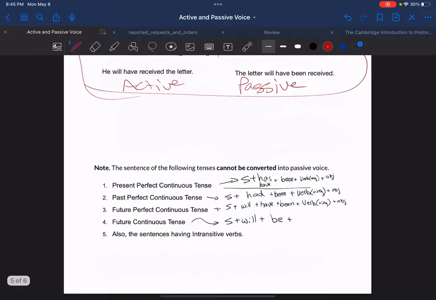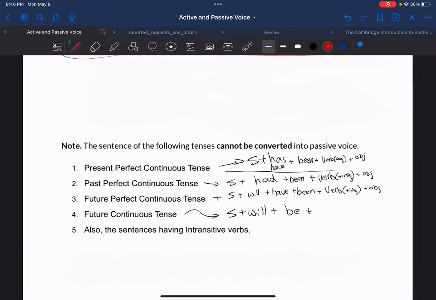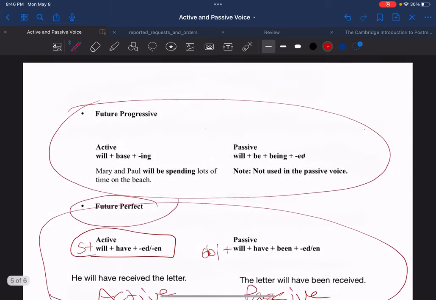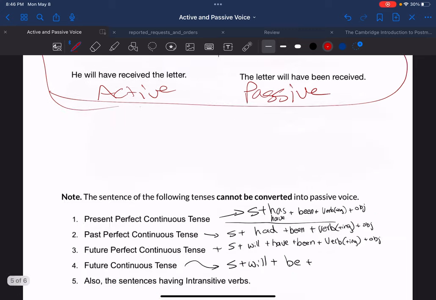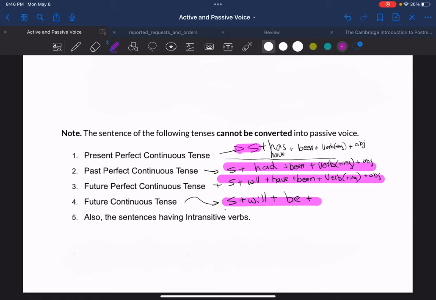Now, there are tenses that you can't change to passive, and the tenses are these. Future continuous tense, as we have here. The rules that are written next to them are the rules that these have in their active state.